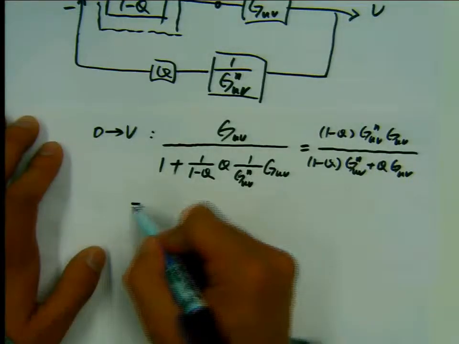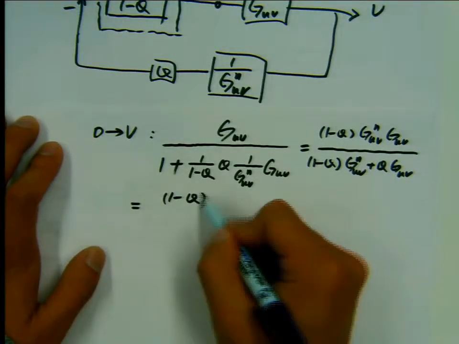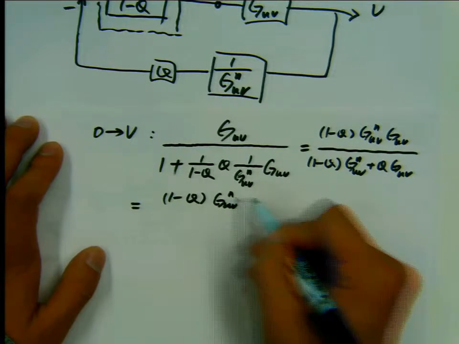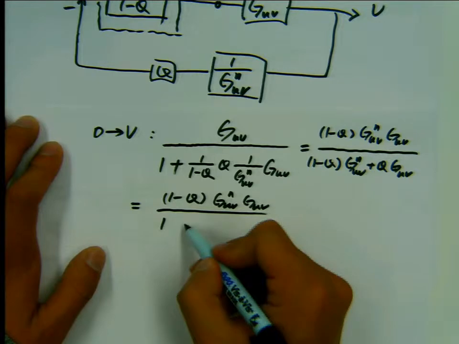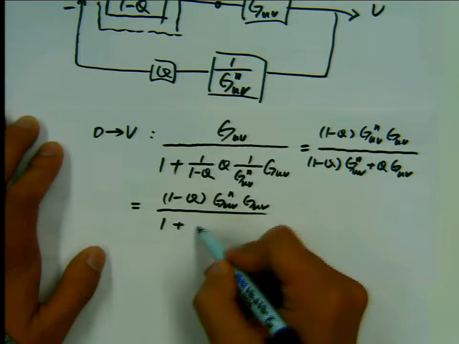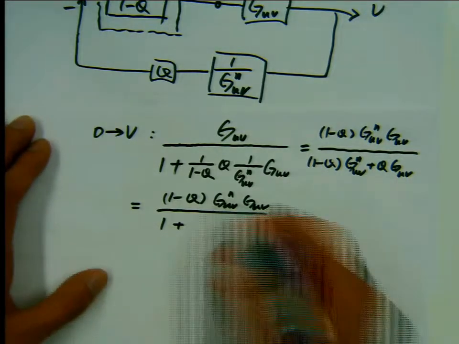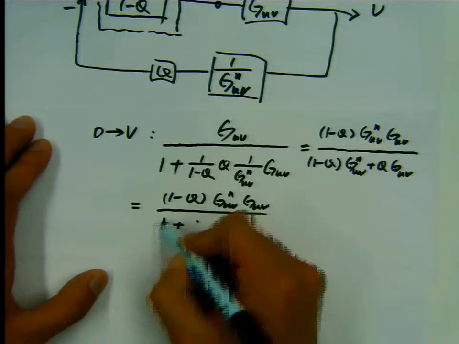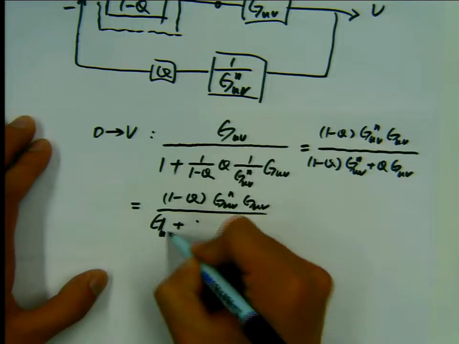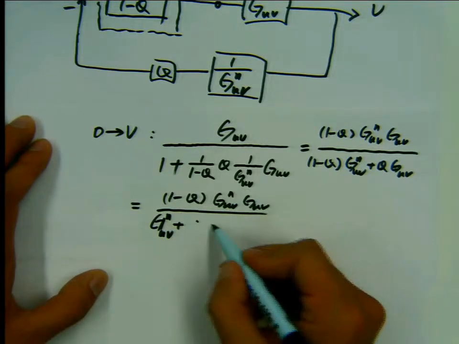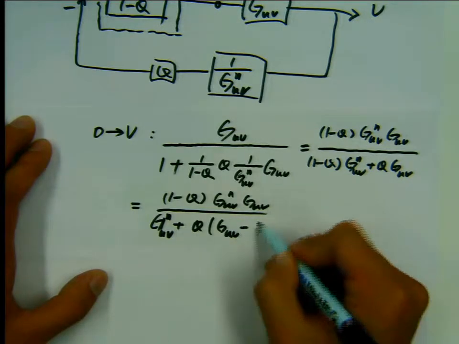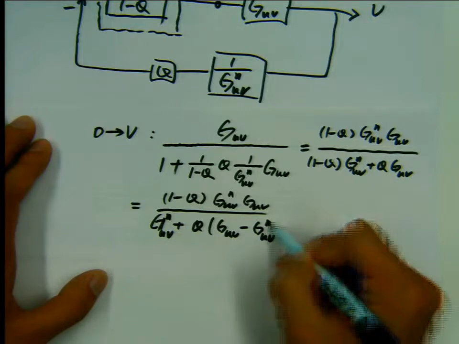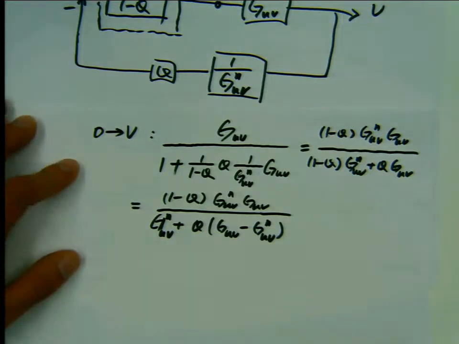So this gives us a little more simplification. We're going to get the result 1 plus, depending on how I write it, G_uvn plus Q times G_uv minus G_uvn.